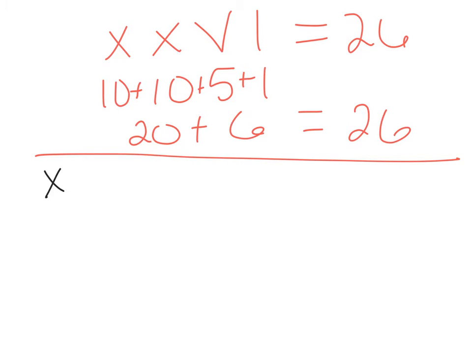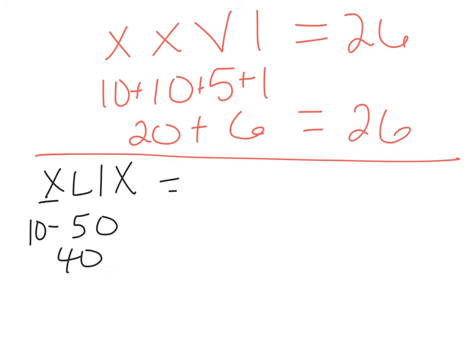Let's try another one. Let's do XLIX. Now I may have to stop and think about it. L is 50. This is a smaller one to the left, so we're going to subtract 10 from that. So that's 40. And the IX over here is 9.